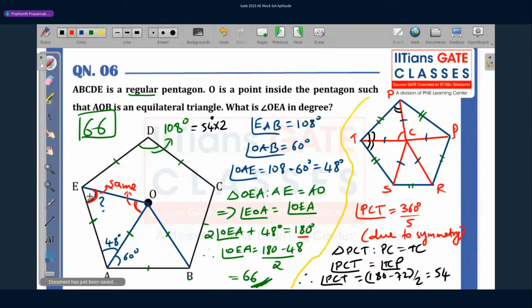The sum of the three angles, this, and this, it should come to 180. That much you can agree?